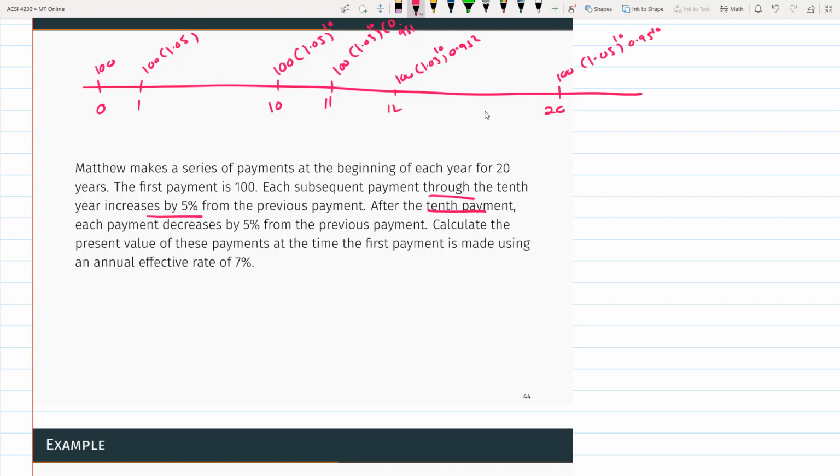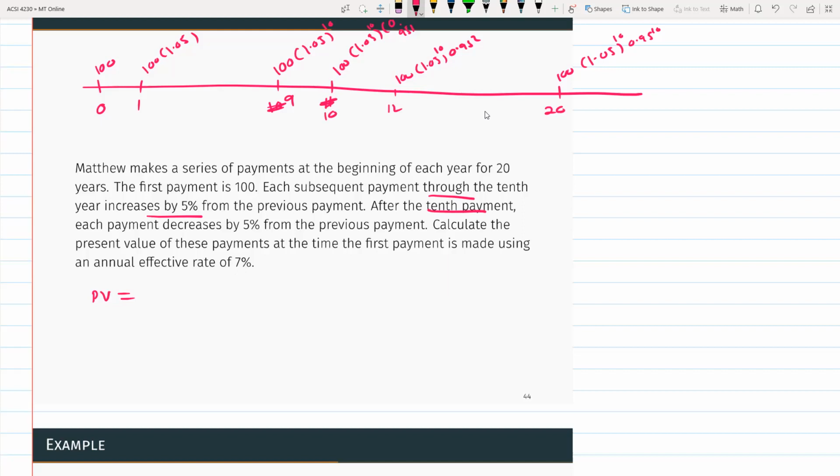Okay. So we want to find the present value. This is the beginning of each year, so wait. This should be 9. Because the 10th payment for an annuity due is actually at time 9.